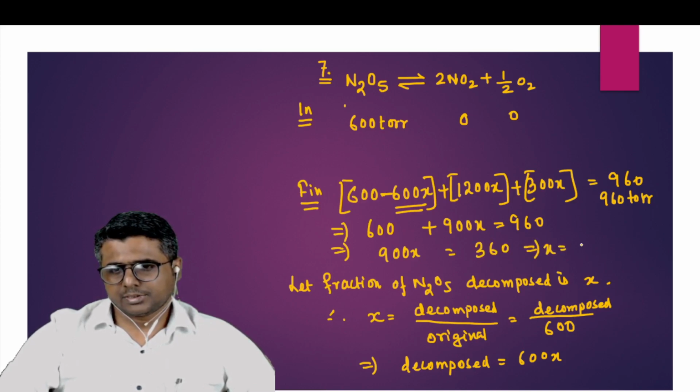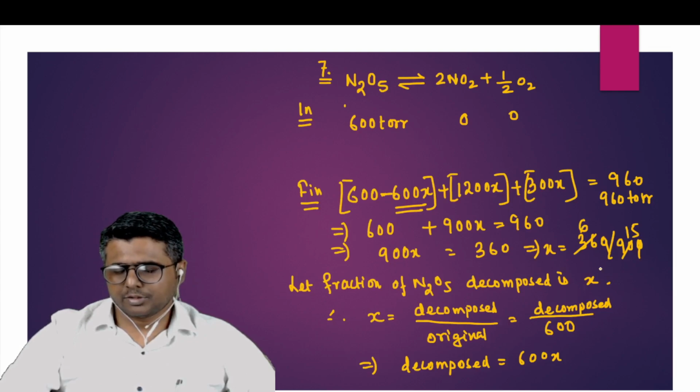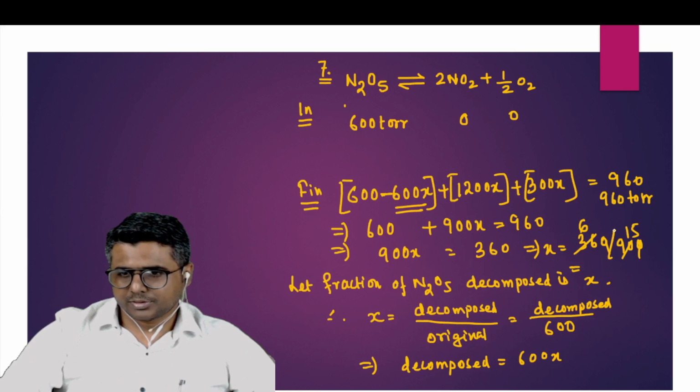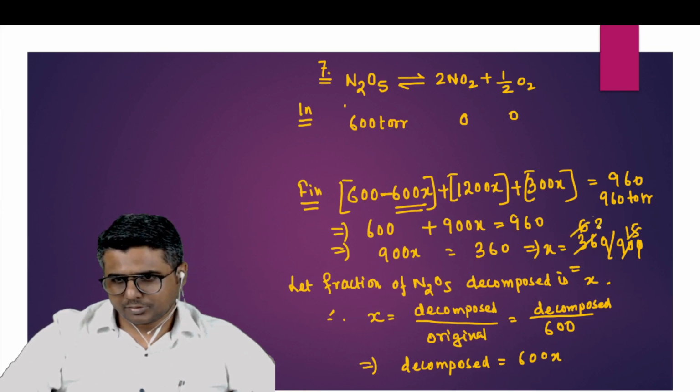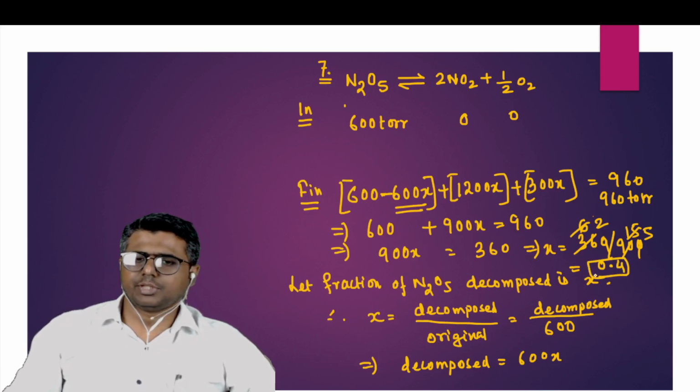So x is equal to 360 by 900. So you have to find out what is coming in fraction. 6 by 15, 0.4. Okay. So this will be the answer.